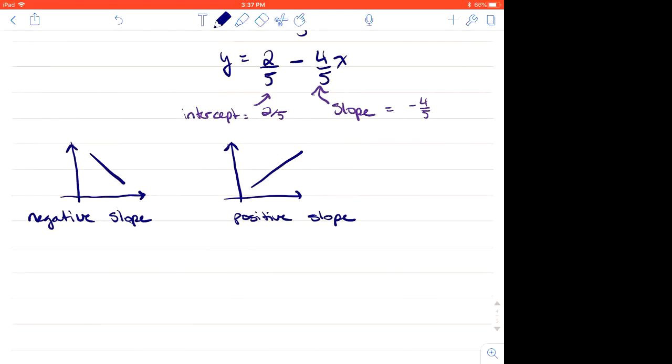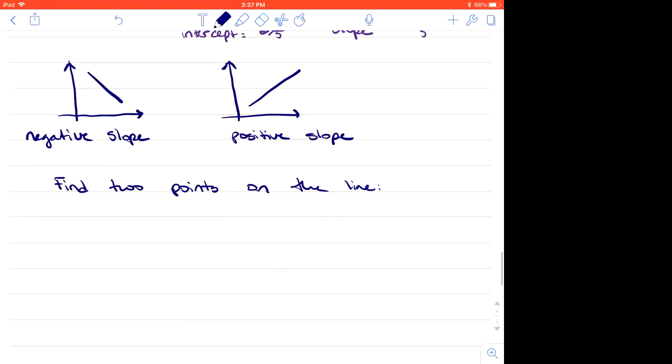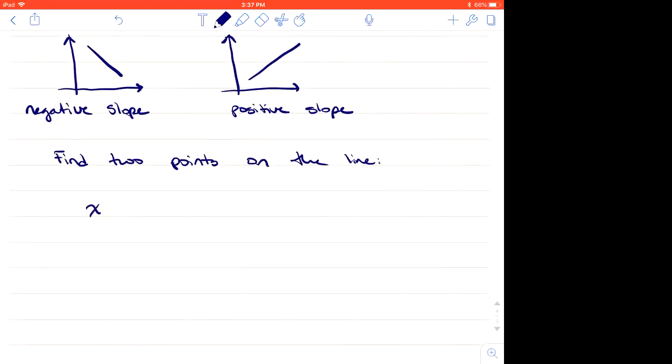Okay. So now that we have it in the form of y equals mx plus b-ish, right? We're not too picky. Now we can find 2 points on this line. Okay. So we're still going to find 2 points on the line. I'll set up my table here.